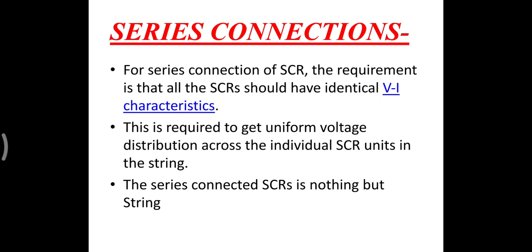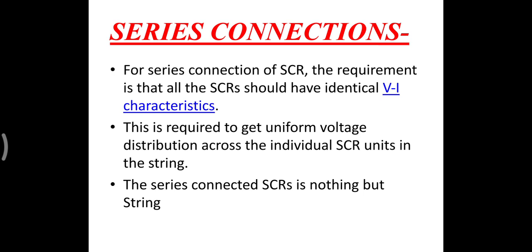Suppose we need 1200 volt capacity, but we have only 600 volt SCRs. In that situation we use two SCRs connected in series.